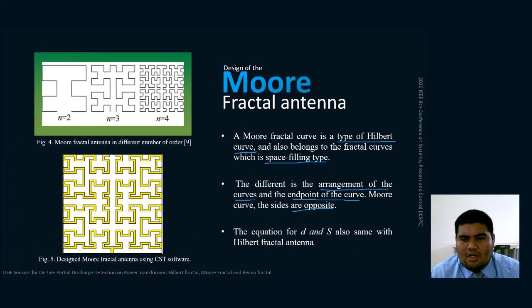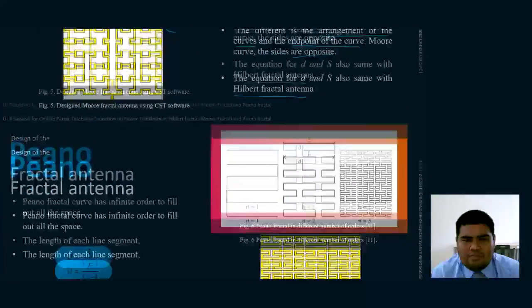The fractal curve in 2nd to 4th order is shown in figure 4, and figure 5 shows the proposed design for the 4th order fractal antenna. The equation of the fractal antenna is the same as the Hilbert Fractal antenna.